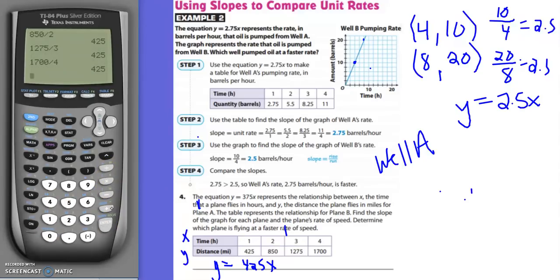So it's a constant rate of change of 425. Alright, so which one's flying at a faster rate of speed? Well, I'd rather travel 425 miles in 1 hour, where plane A travels 375 miles in 1 hour. So more miles per hour on plane B, so plane B is flying faster.